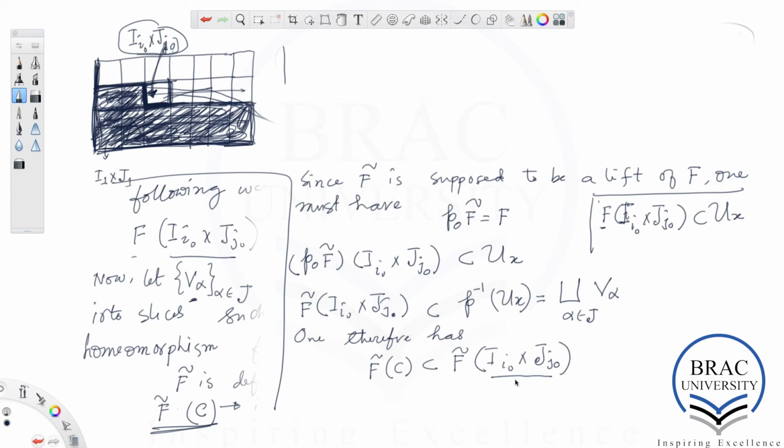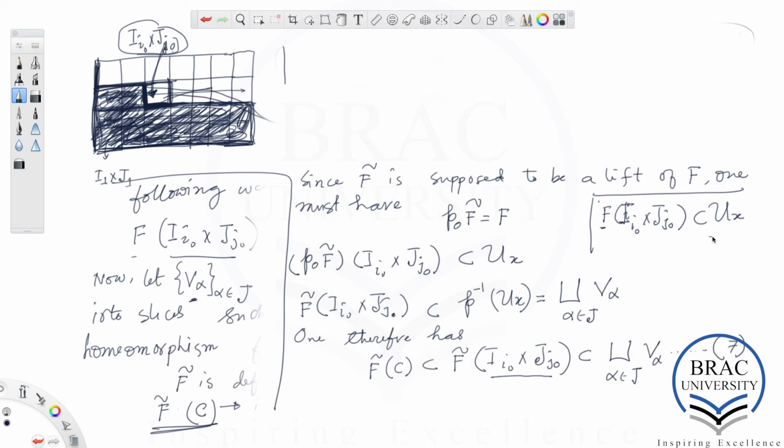Therefore, f tilde of C should be a subset of f tilde of I sub I0 cross J sub J0, and this guy is a subset of this disjoint union as alpha varies in the index set J. This is our equation number 7.